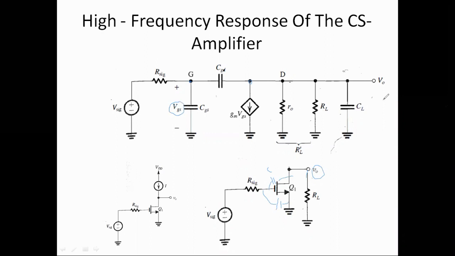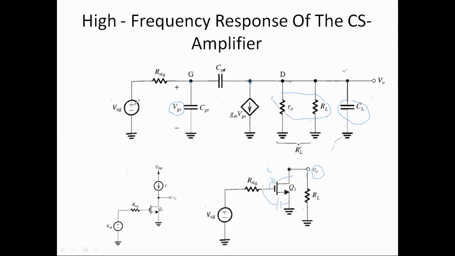Now there is CL, which is the drain to body capacitance of Q1, and the input capacitance from the succeeding or next stage also has to be considered. Now ro is the channel length modulation resistance of the MOSFET, so these two are in parallel, and the effective value will be RL dash.